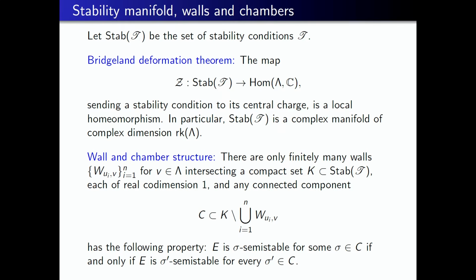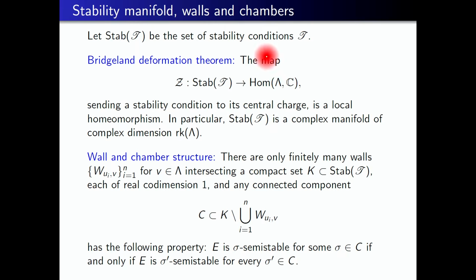In order to give this space a topology, you have to choose that norm and that lattice. So the lattice and the norm are fixed from the beginning for you to define the topology here, and this map will be a local homeomorphism. So it's like a covering map of this affine space.